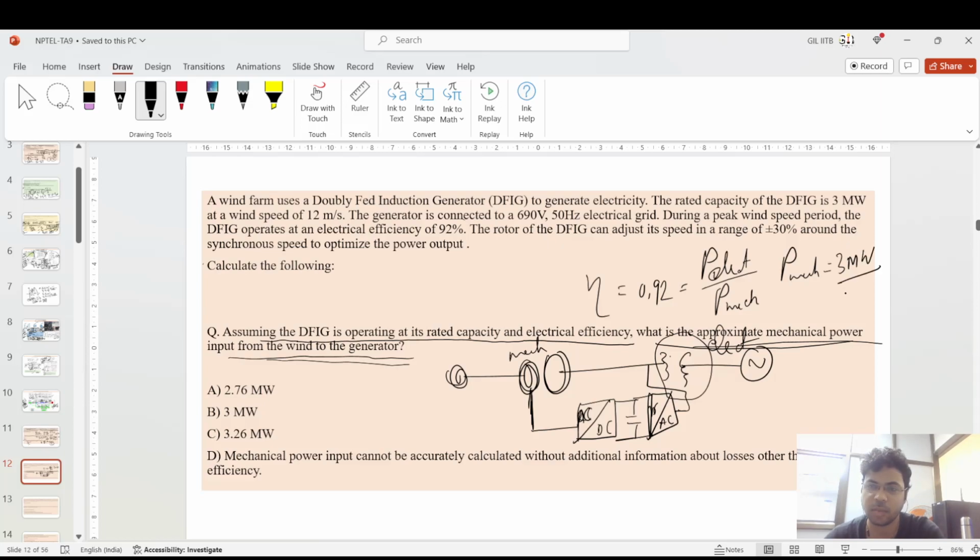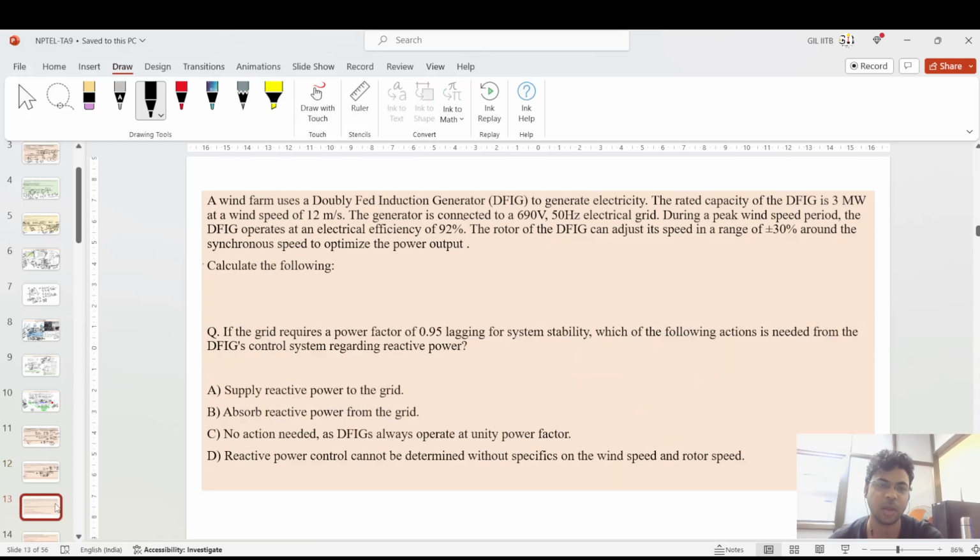That is the P electrical, the rated output 3 megawatt, divided by 0.92. So the mechanical power is 3 divided by 0.92, which comes out to be 3.26. That is a very simple concept; you have to use this efficiency formula.